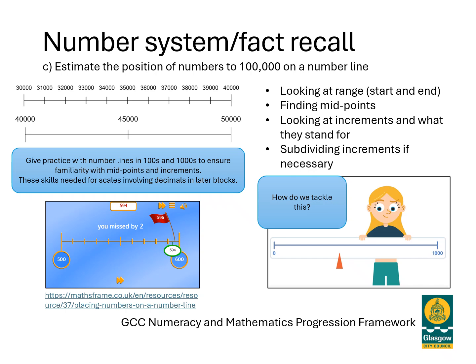So if they were looking at that blank number line marked only at its ends, 0 and 1000, then we should be building them up so they have strategies to mark the midpoint of that with 500, marking any other increments. So could they then subdivide again into 250, 500, 750, and so on. We want to give them the confidence of that mental number line so that they can use it to help them with things like measure as well.